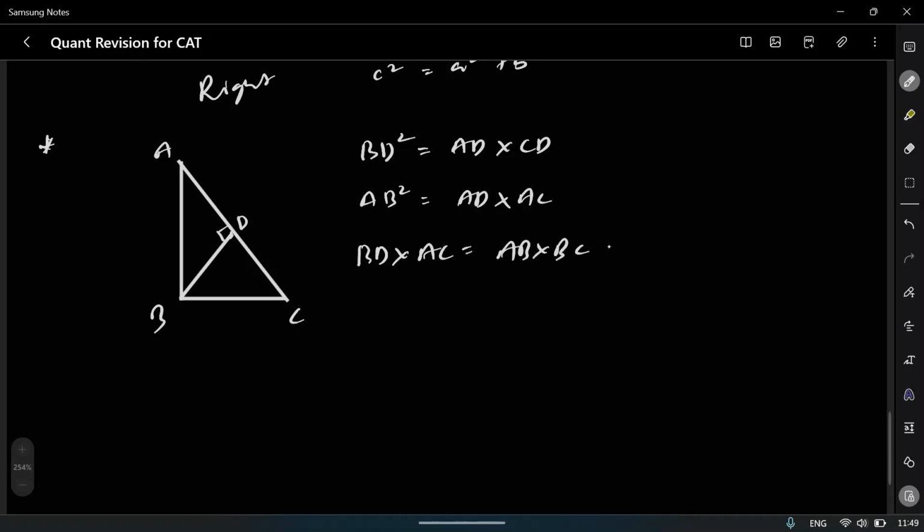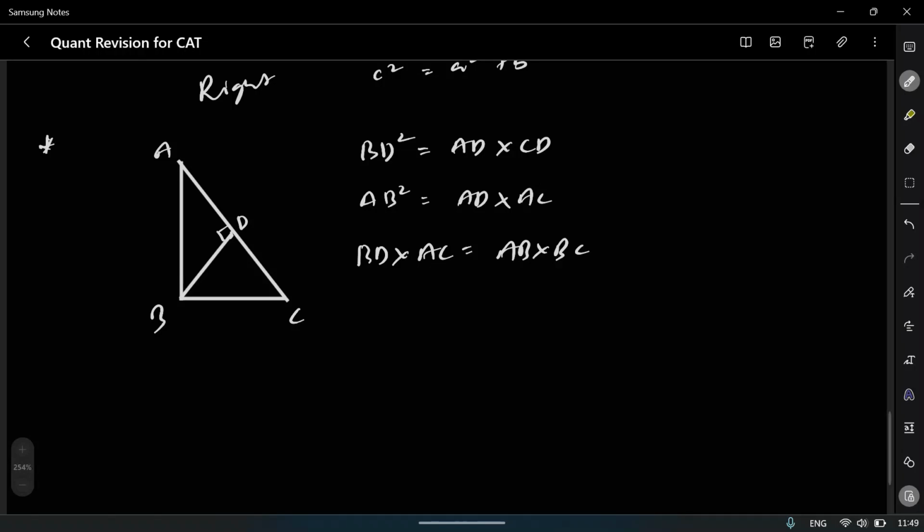This formula is just by equating the areas. When we take BD as height, AC is base, so half BD into AC equals half AB into BC.